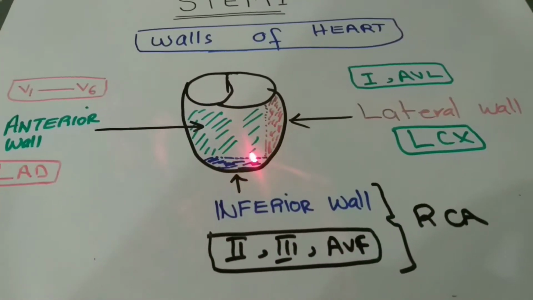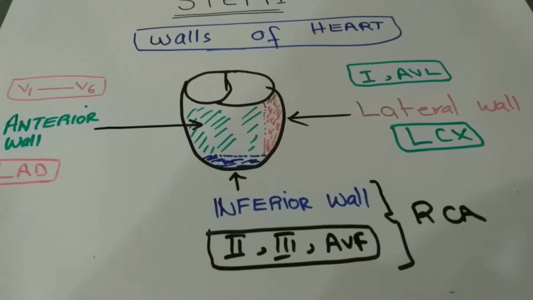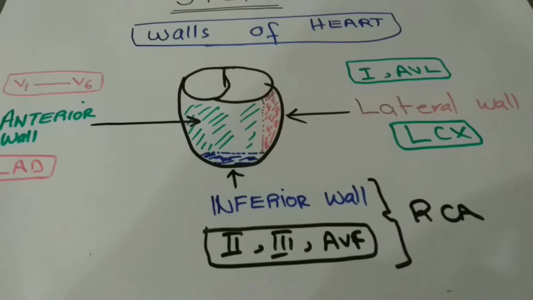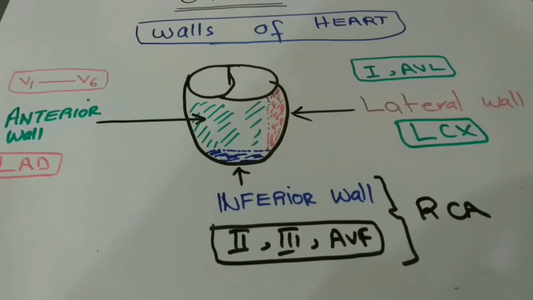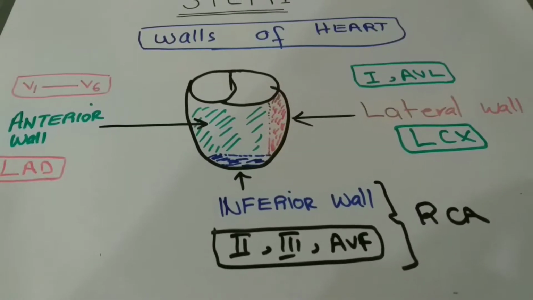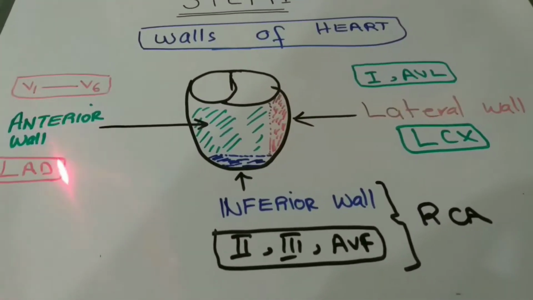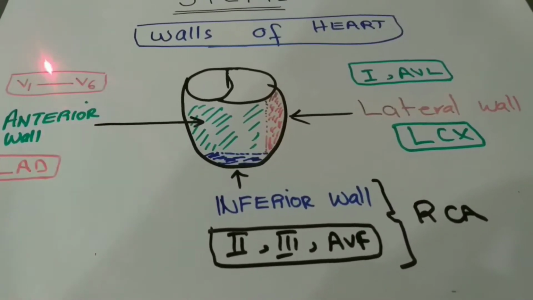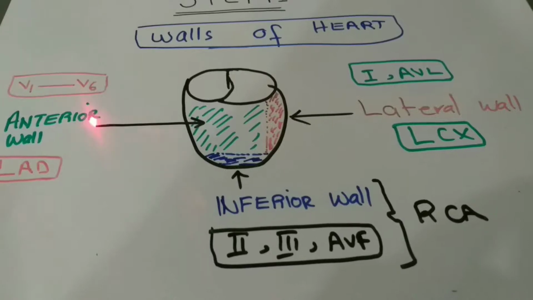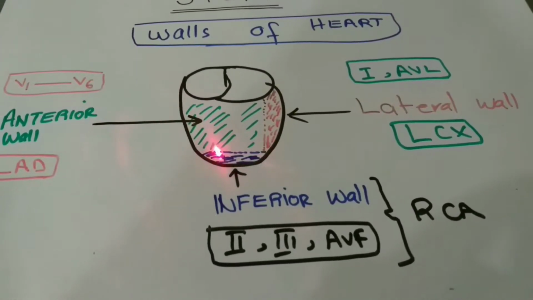So intelligent doctors know this very comfortably: if a patient comes with chest pain and they find certain changes in a particular set of leads, which represents a particular wall supplied by a specific artery, then most of the time just by looking at the ECG they can have a better idea of what the angiography finding may be.